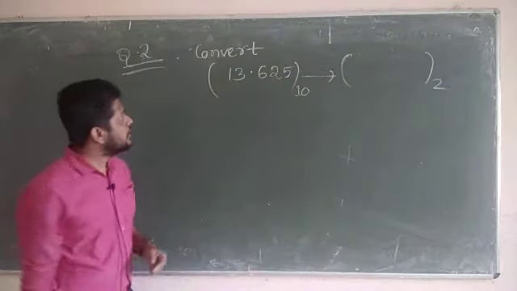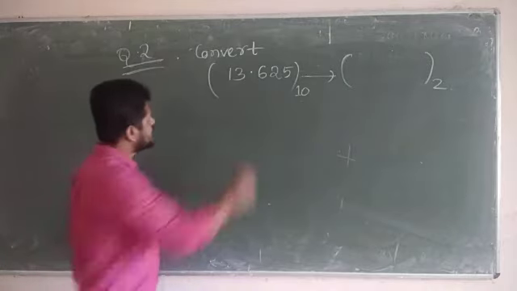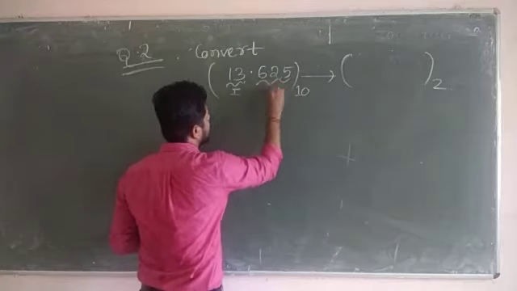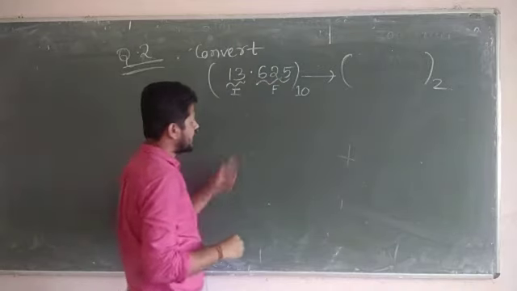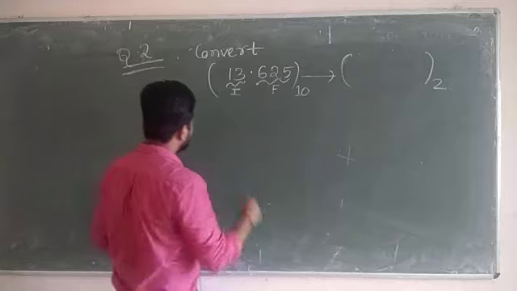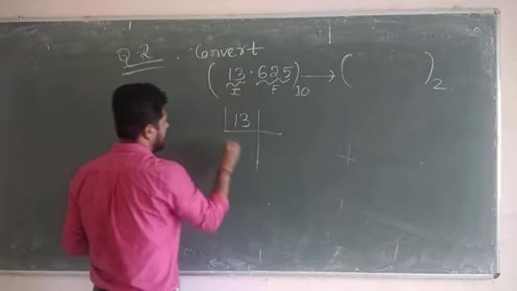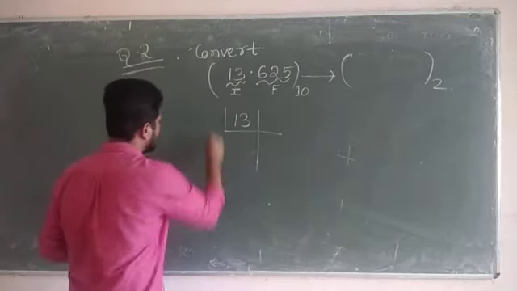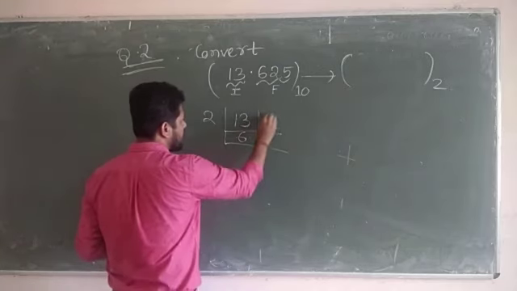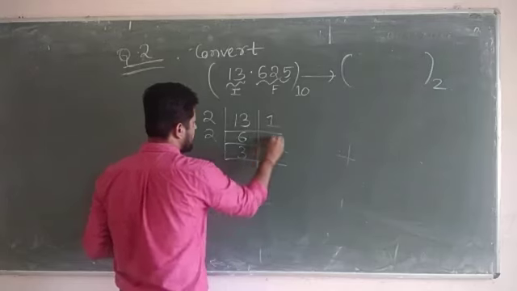Then how to convert? Here you need to consider the number in two parts. First I will consider the integer part and then the fractional part. Here f is for fraction, i for integer. In the integer part, just like we have done, divide this 13 by 2. 2 into 6 is 12, so the remainder is 1. Then 2 into 3 is 6, the remainder is 0.